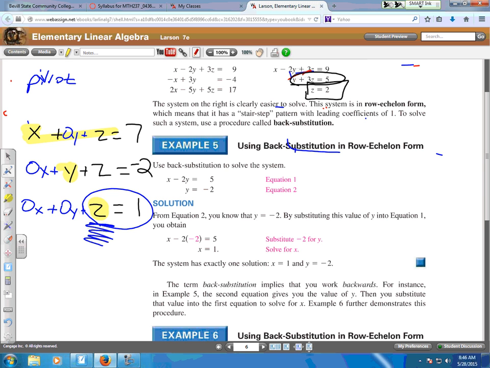So notice the bottom pivot is here, and then the next pivot is in the previous column, and then the next pivot is in the previous column from there. So in general, that's what we're after when we put things in row echelon form.